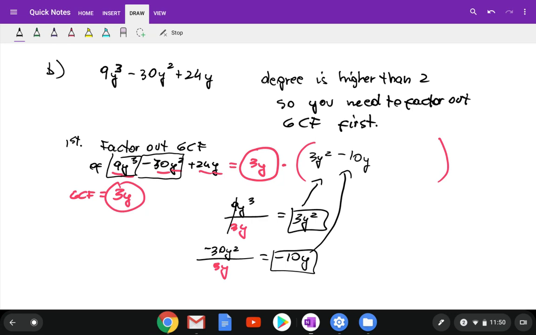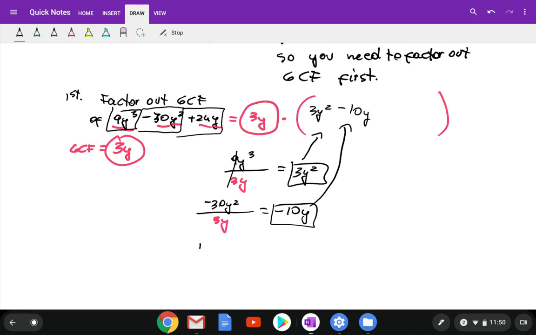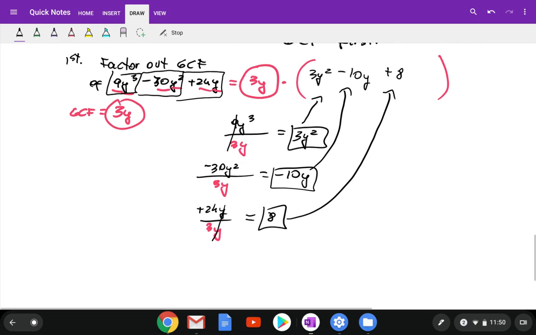And take the last expression, which is positive 24y. Divide that by GCF, which is 3y. And we end up with 24 divided by 3, which is 8. Y will cancel, so just putting 8 in the parenthesis plus 8. Okay, so we have it.